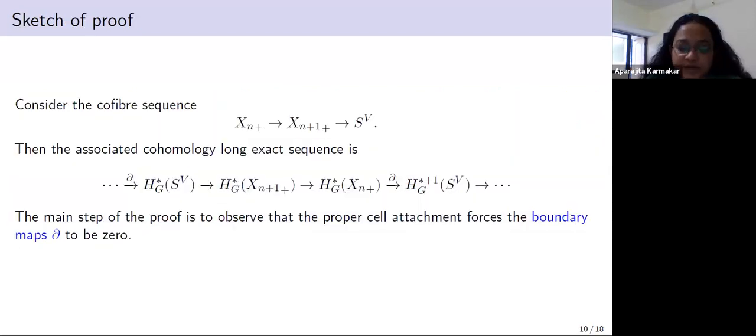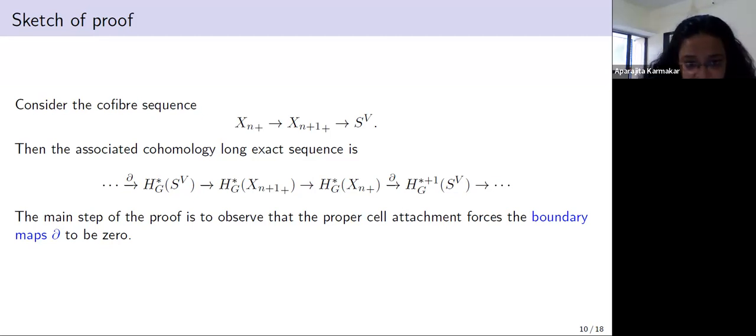Okay, so how does the proof go? We consider the cofiber sequence X n to X n plus 1 to S V. X n is a generalized G cell complex, and X n plus 1 is formed by attaching the disk of a G representation V. As we look at the cofiber sequence, we get the S V. Then the associated cohomology long exact sequence is this, where del is the connecting homomorphism.